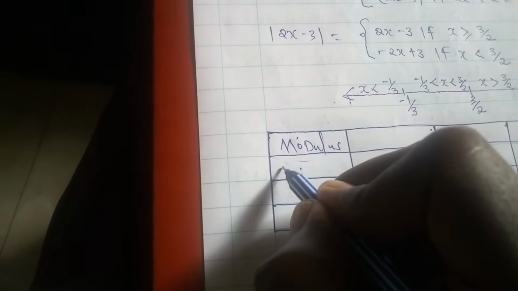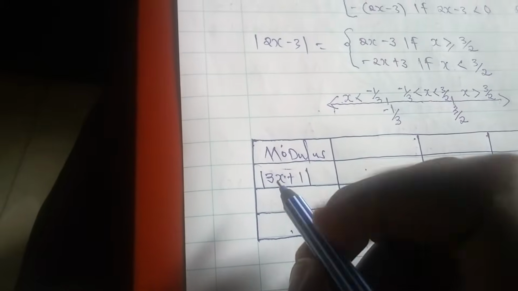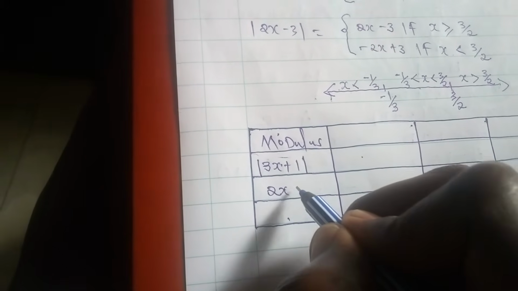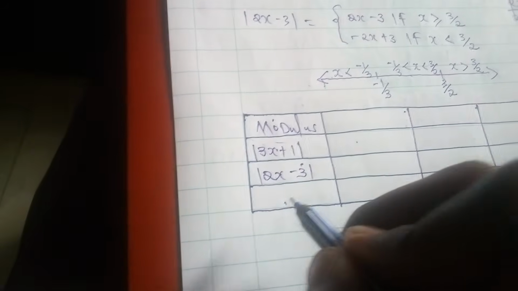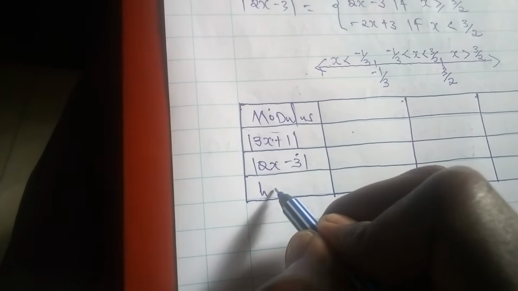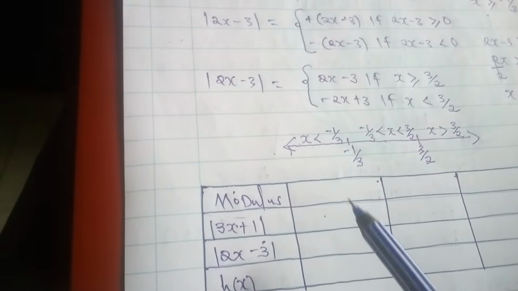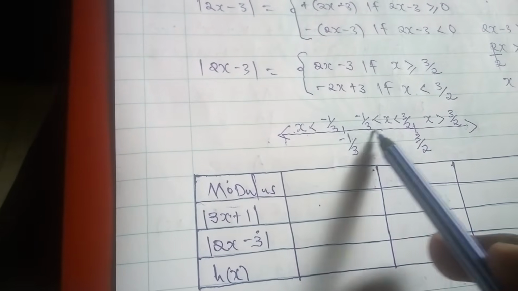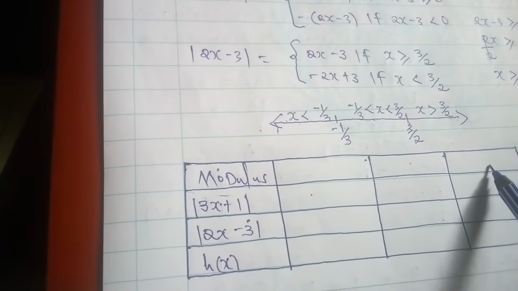The first modulus is 3x plus 1. The second one is 2x minus 3. The last one is the function itself. And then you are going to put these inequalities in those spaces that I've left.